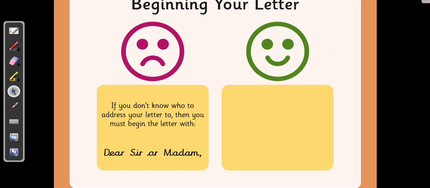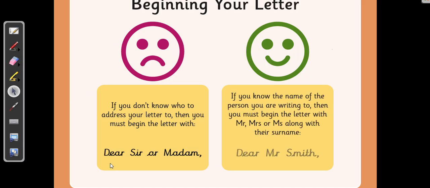Now, beginning your letter, it says if you don't know who to address your letter to, then you must begin a letter with dear sir or madam, like I said before. If you know the name, you can add their name, dear Mr. Smith, dear Mr. Pickinton.